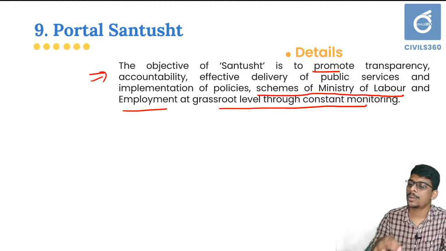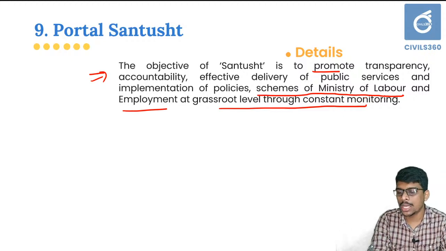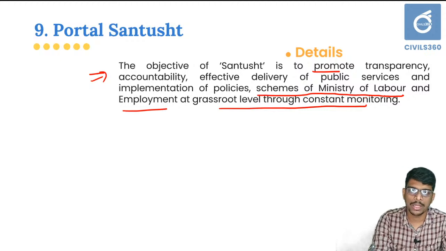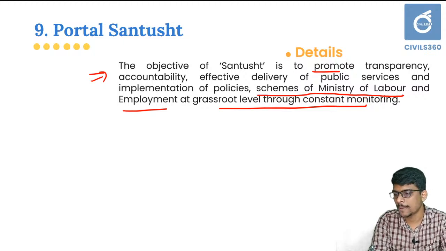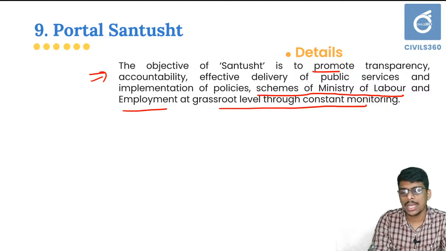That is, the Sandesh portal aims to provide transparency and accountability in implementation of various schemes of the Ministry of Labour and Employment at grassroots level.